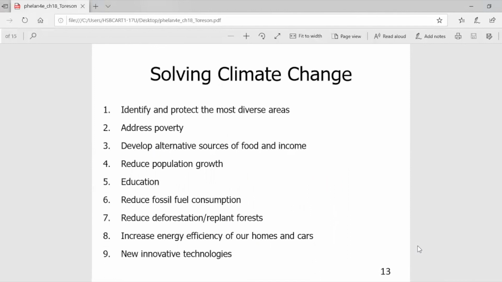In terms of solving climate change, well, there is no easy button. Some things to consider when addressing climate change include identifying and protecting the areas with the most biodiversity, reducing fossil fuel consumption, reducing deforestation, and increasing energy efficiency of our homes and cars.